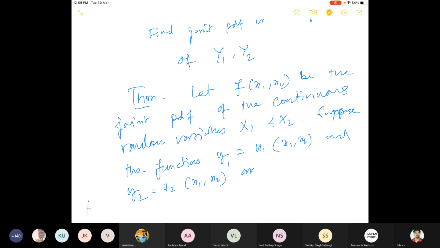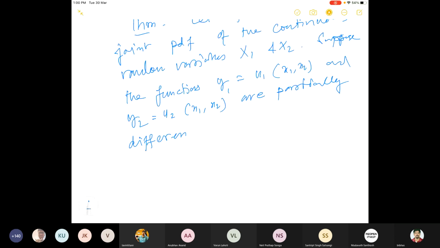So these are partially differentiable with respect to both x1 and x2.